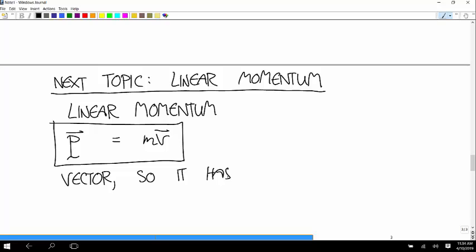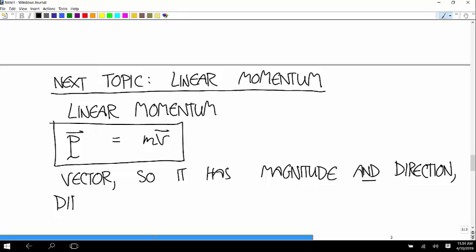So it has a magnitude and a direction, and the direction is the direction of the velocity vector. So the direction is where the object is moving.